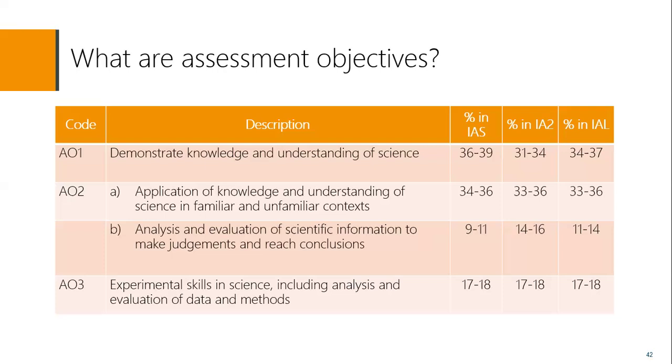AO2 is application of knowledge and understanding of science in familiar and unfamiliar contexts. So if candidates were asked to explain the role of the primary structure of the calcium channel protein in its function as the channel protein, candidates would need to think about what calcium ion channels do, where they are found, and link the folding and location to particular places on the protein.